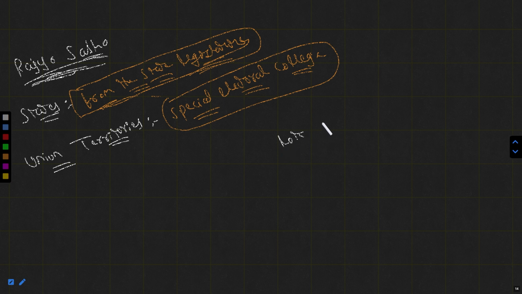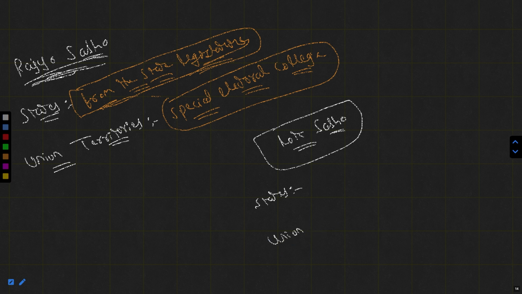Thereafter, if we talk about the Lok Sabha, things are a little bit different. If we talk about the states and then the union territories, the states generally have direct elections.